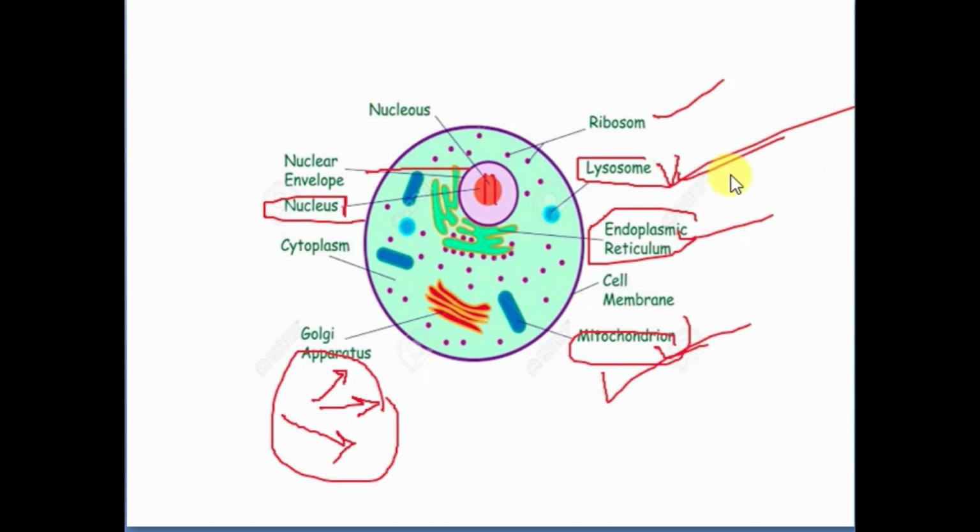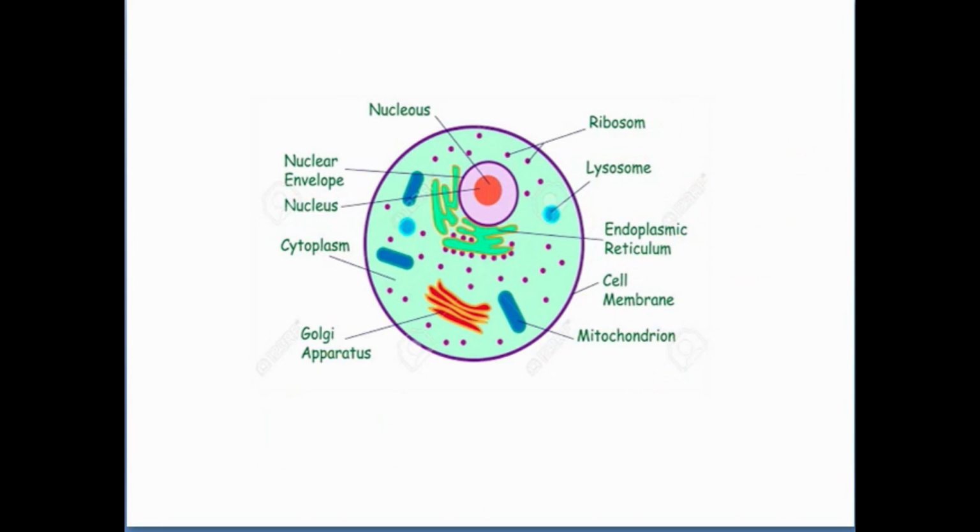Why are they called suicide bags? Because they carry an enzyme, hydrolytic enzymes, which can digest the cell. The spelling was wrong, here it will be hydrolytic. So any unwanted cells, lysosomes will kill them, and therefore it is called suicide bags. It will burst right there, and that cell will get destroyed, and that is why it is called suicide organelles. Then we have ribosomes.